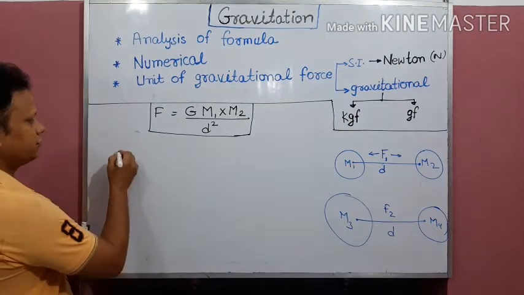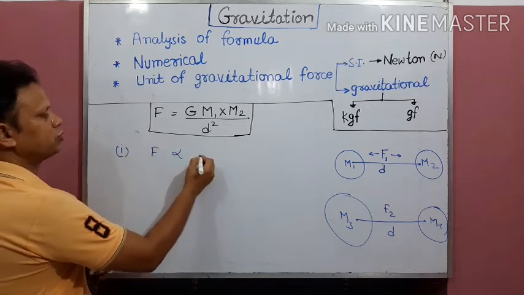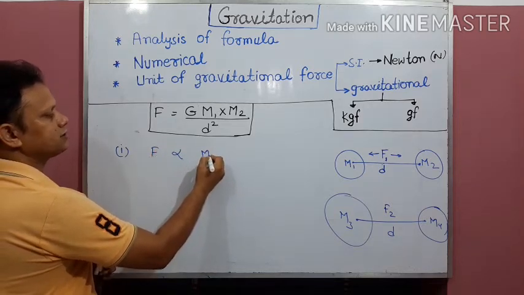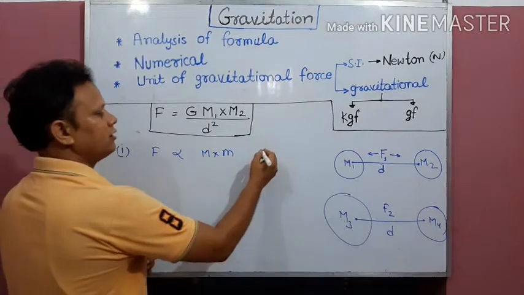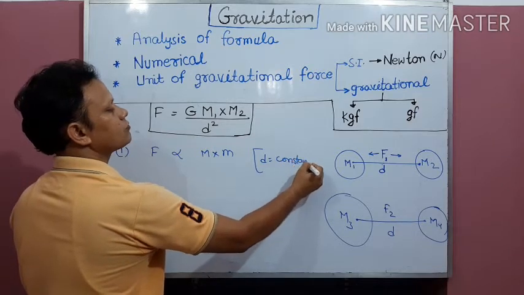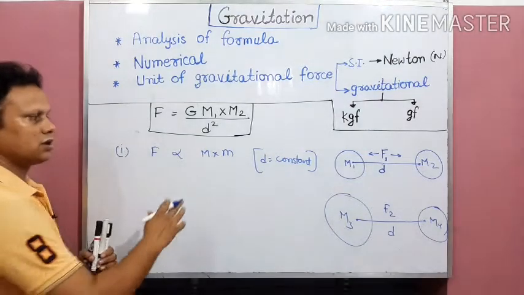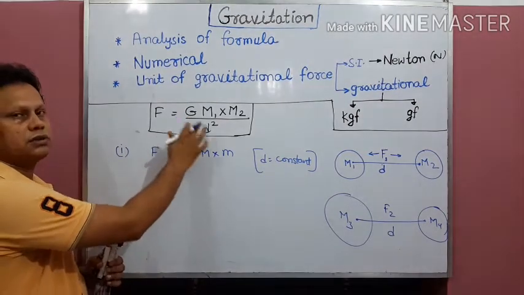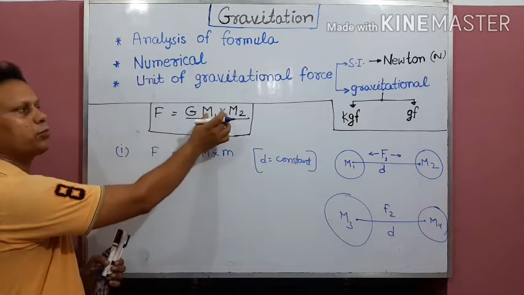The first relation is that F is directly proportional to the product of masses, M into m, when d is constant. On the basis of this relation, G is already constant and d we have taken constant, so the major factor for gravitational force is the product of masses.